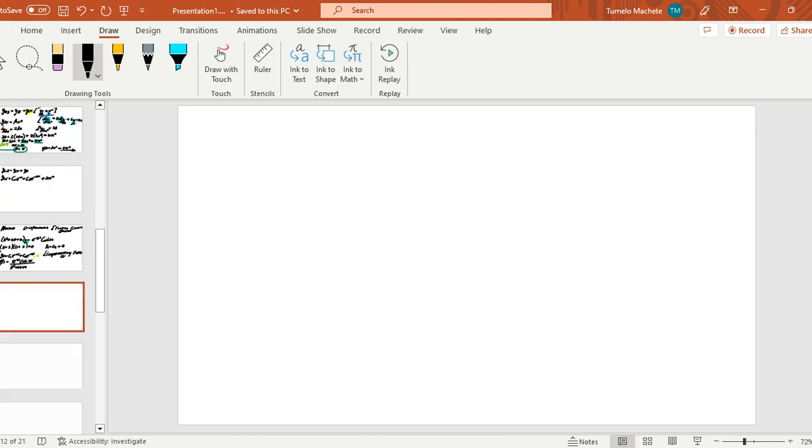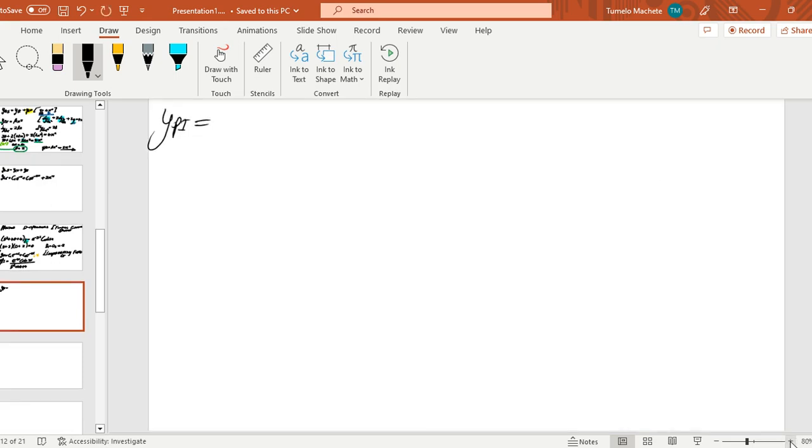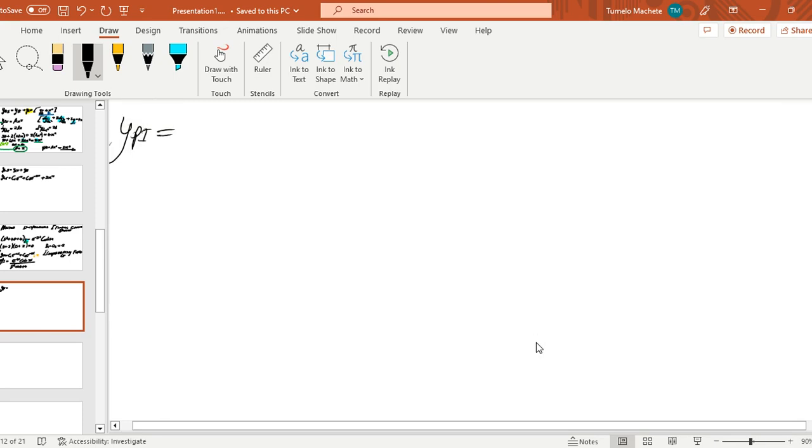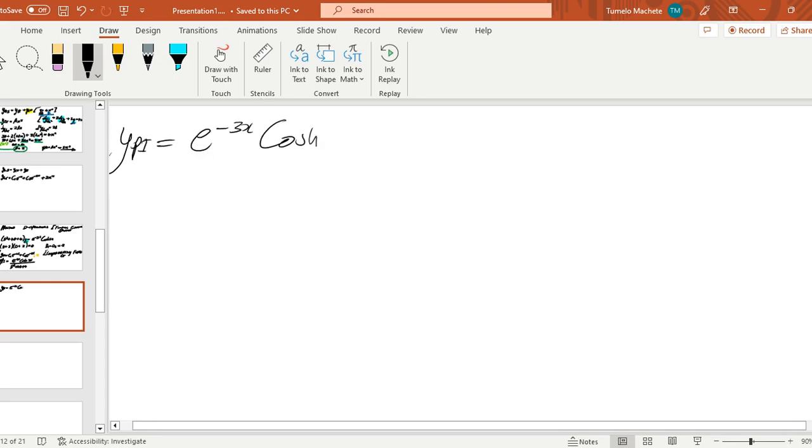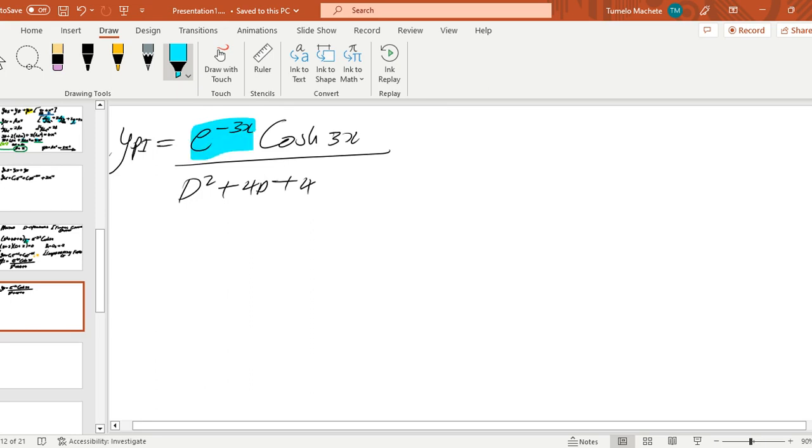Okay, we're going to go to the next slide to solve that YPI. So our YPI from the previous slide, let me just zoom this in so that it will be clear enough, is equal to e to the negative 3x cos 3x divided by D squared plus 4D plus 4. So let me tell you something. You see, you are multiplying two variables there.